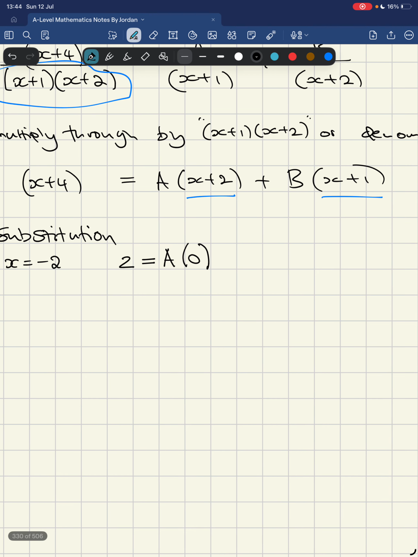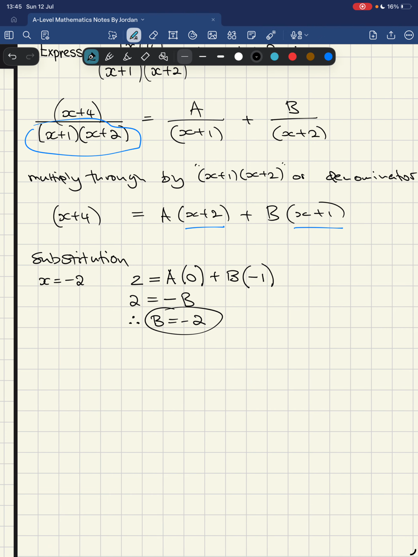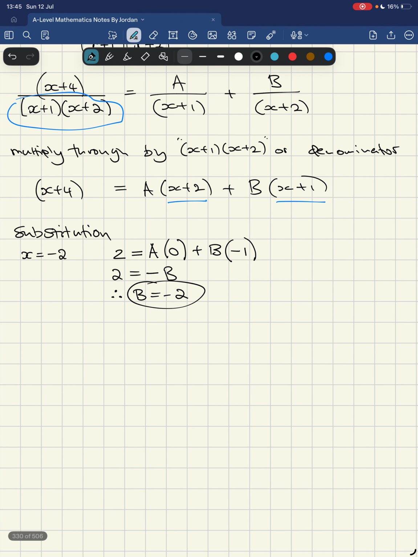I'll just write it for now. And then I have plus B. X is negative 2, so that's minus 2 add 1, which is minus 1. And so this all simplifies down to 2 equals negative B. Which then leads me to say that B is negative 2. Okay? So that's the first one.